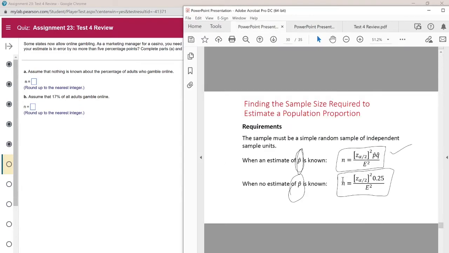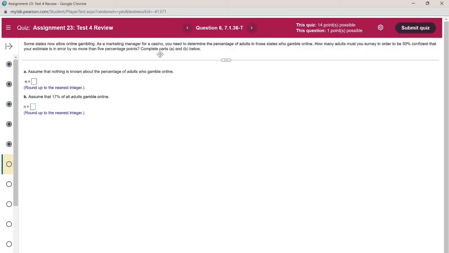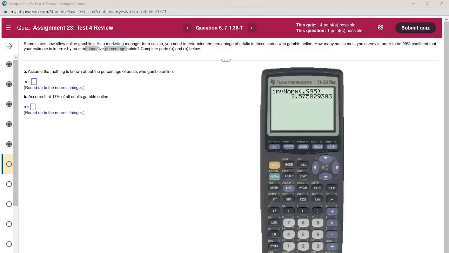We have to square the z-score, and then we also need the margin of error. Here the margin of error is no more than 5%, so it's 0.05.